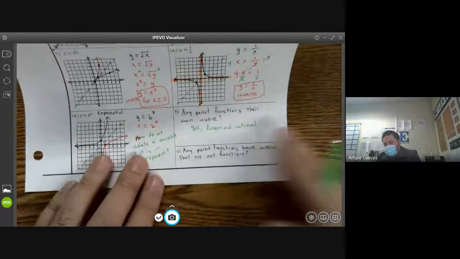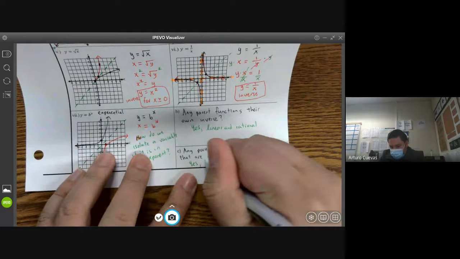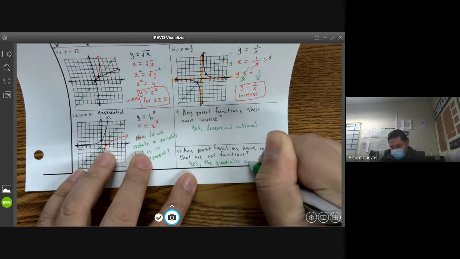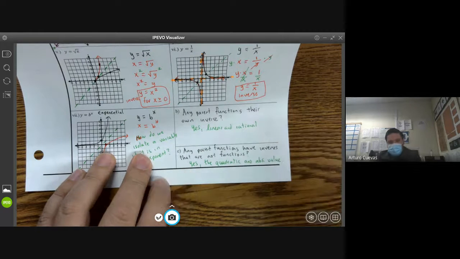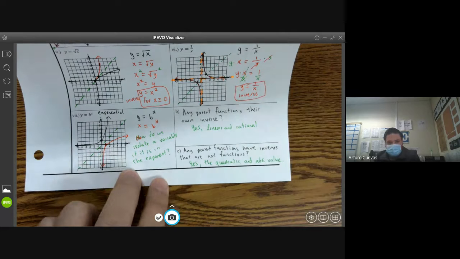So any parent functions have inverses that are not functions? Yes. The quadratic, and what was the other one? And the absolute value. Quadratic and absolute value. Okay.